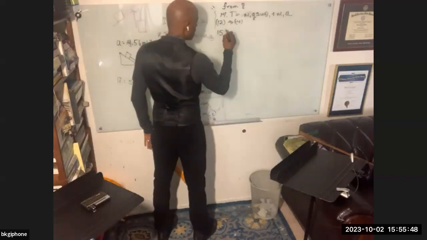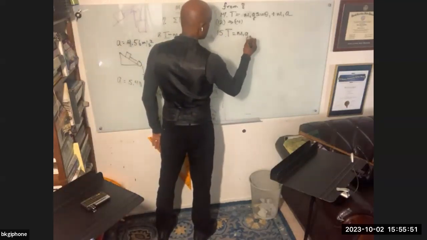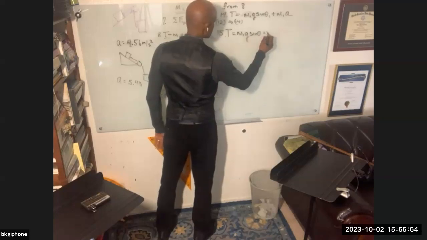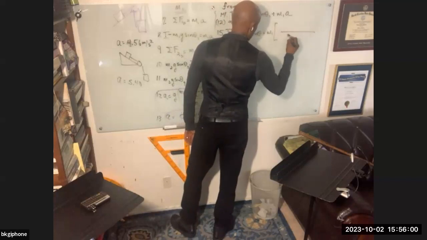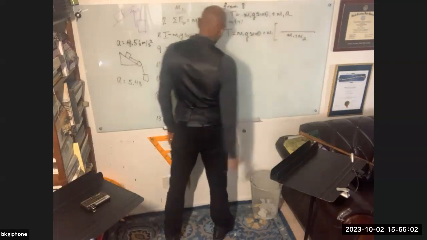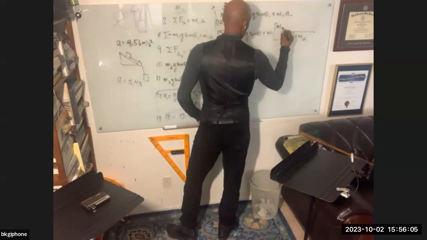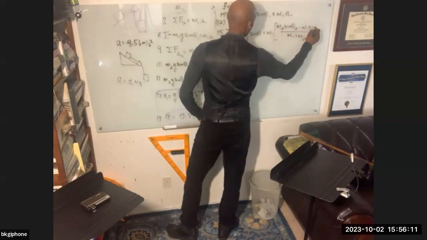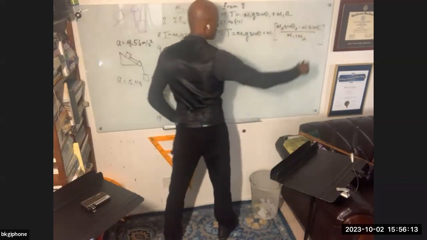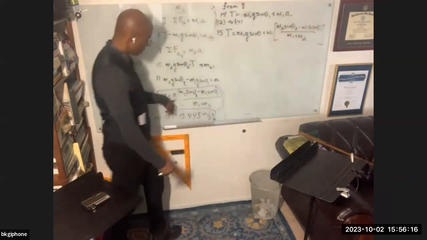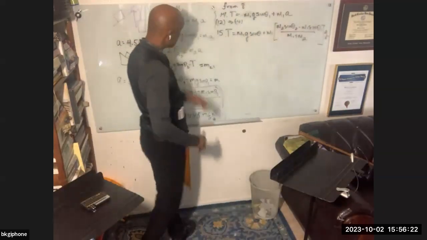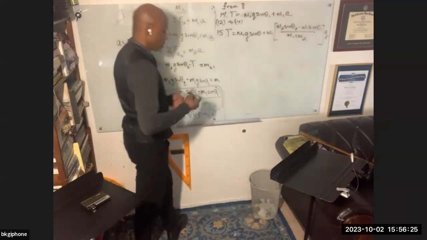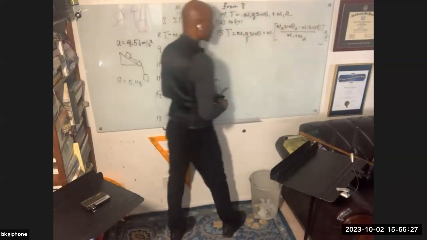So this is going to be T is equal to m1 g sine theta 1 plus m1, and then I'm going to have m1 plus m2, and then m2 sine theta 2 minus m1 sine theta 1, times g. The g is there, it's right here. So it's over the whole thing. Check it out. Got g here, I'm factoring the g out of everything.